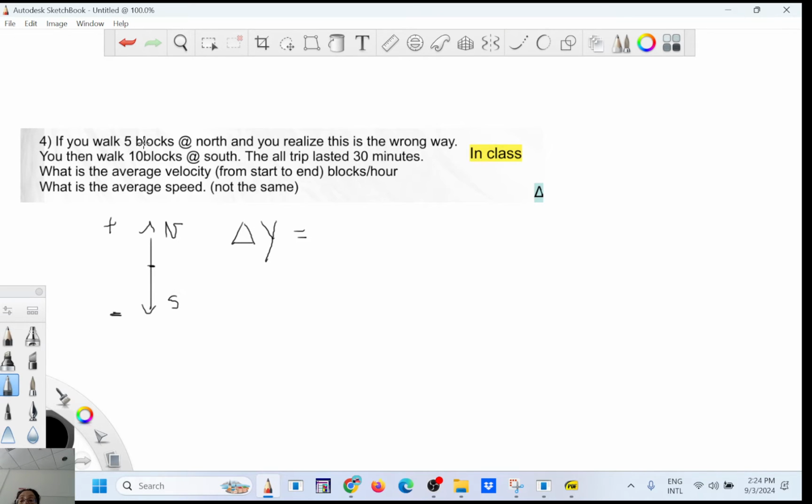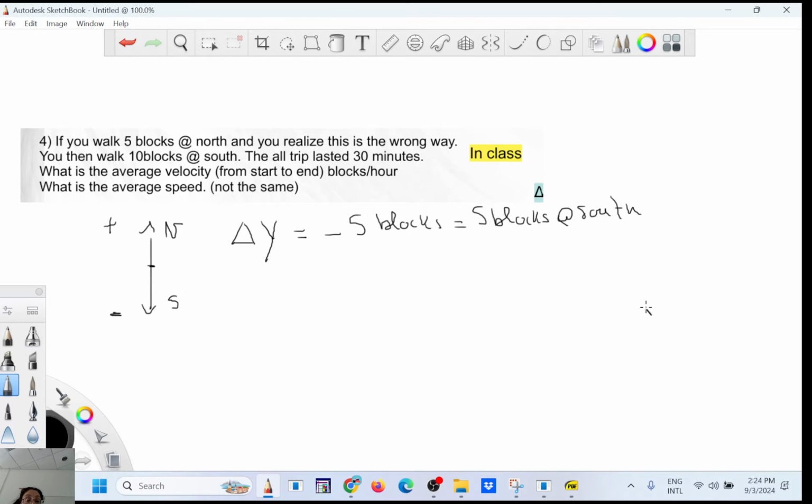You go 5 up and 10 down. It's going to be negative 5. Do you all agree? Mm-hmm. So you can say negative 5 blocks, or you can say 5 blocks south. How much of what, which way?